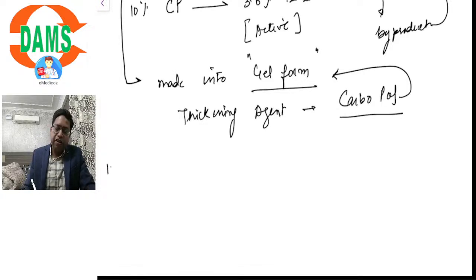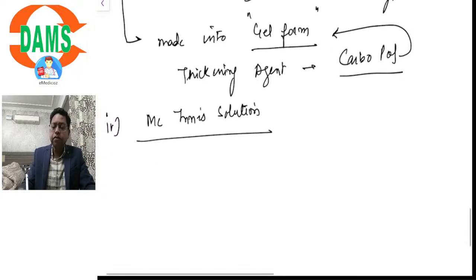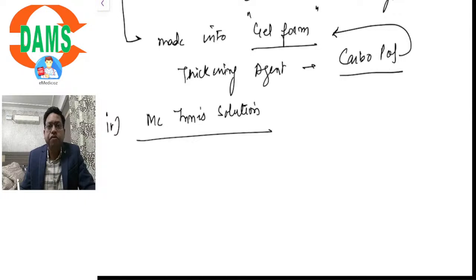Then we have another combination agent, that is McInnes solution.